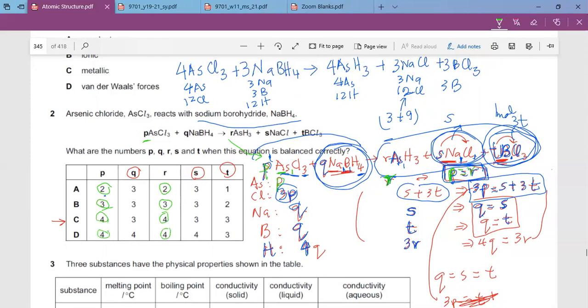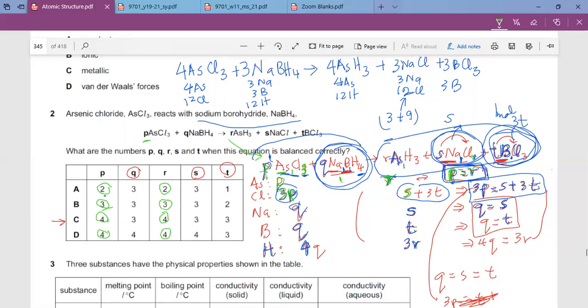Obviously, chlorine. 1 mole of arsenic chloride has 3 chlorine. So P is 3P. Here we don't have chlorine. Here we've got sodium chloride. So 1 mole has 1 chlorine, so S moles has S chlorine.